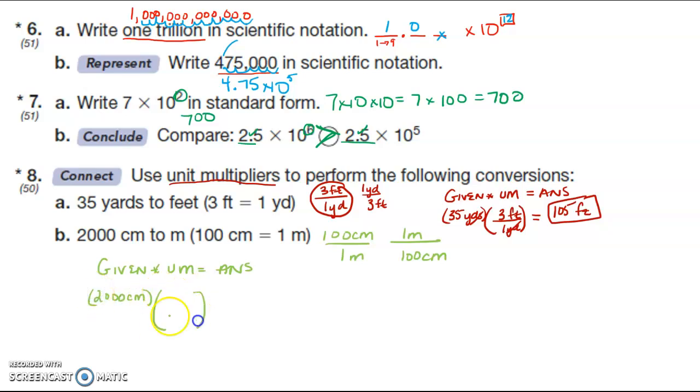My unit multiplier is going to go right here in fraction form. I'm not sure what it's going to be yet. And I'm converting to meters. So I know that this needs to be meters in the top. So I'm going to grab this one. 1 meter is 100 centimeters. My centimeters cancel. I end up with 2,000 as I multiply across the top over 100. And then when I reduce, I get 20 meters.